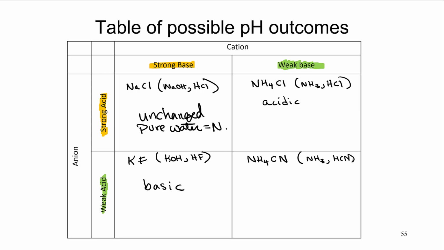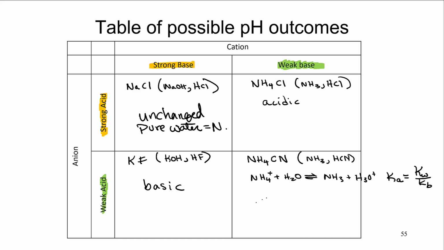And the way you do that is you say, well, what happens when I do this? I have NH4+ plus water, and you're just going to do the acid ionization reaction for ammonium. You'll get NH3 plus H3O+, and this is going to be a Ka reaction, but you're going to have to get that from Kb.